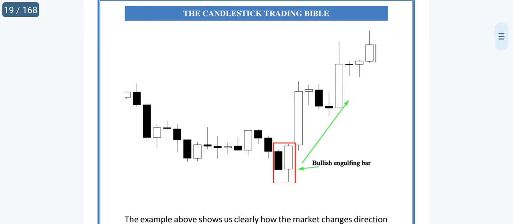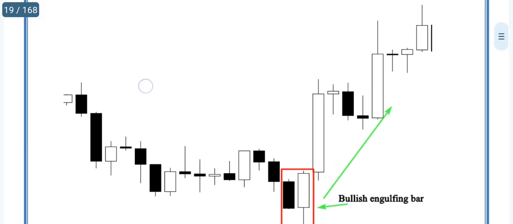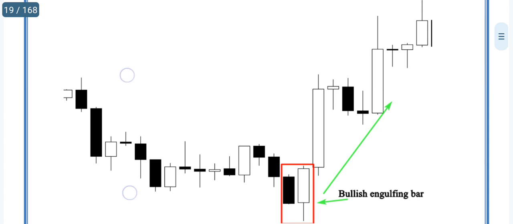That is the illustration. We have a downtrend there, and it is called the bullish engulfing bar candlestick pattern. That's how it looks. You can observe it very well.